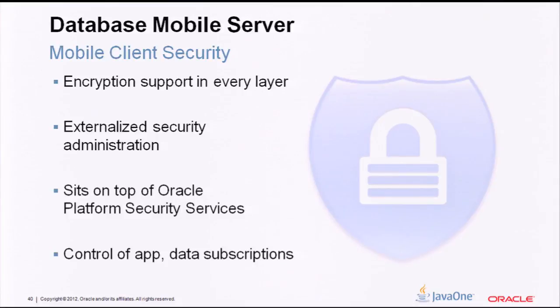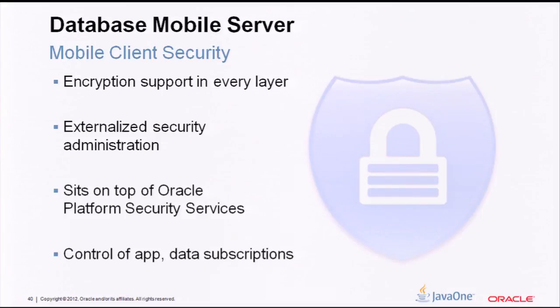A few more words about security. We offer encryption support at every layer. What that means is the data is encrypted at rest on the device, and it's encrypted in transit as well. We have externalized security administration if you choose to use it. We have our own as well, but you can integrate with a variety of Oracle security products.